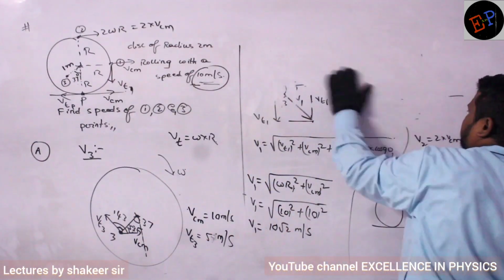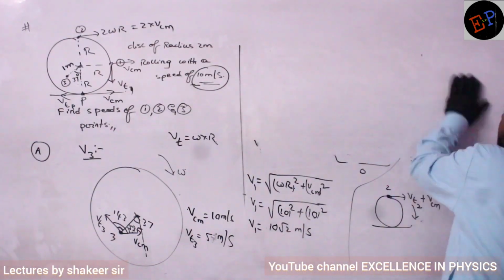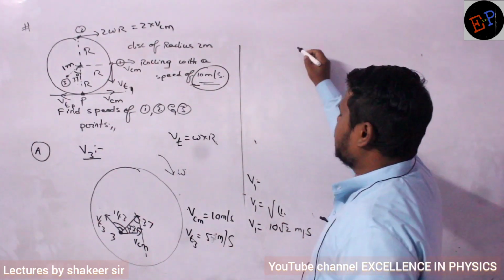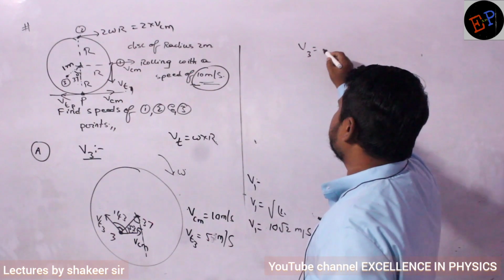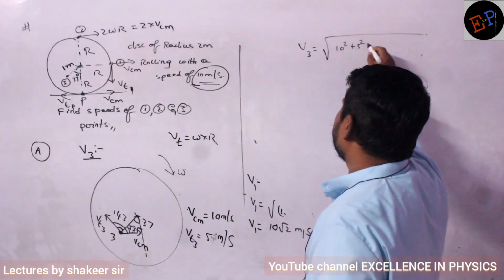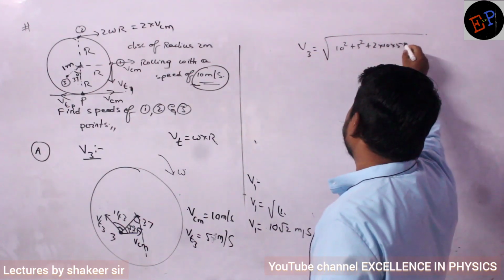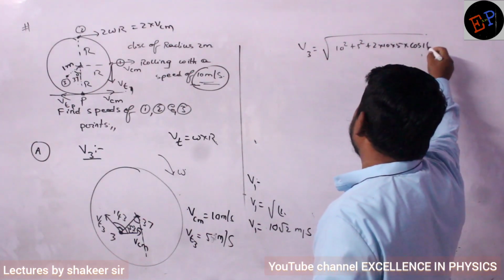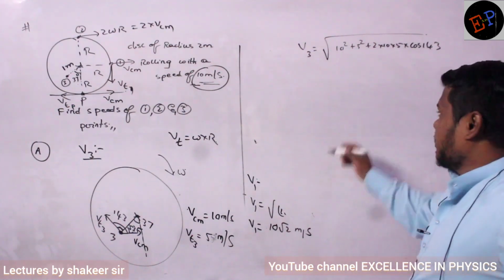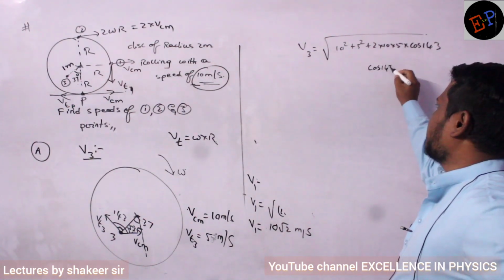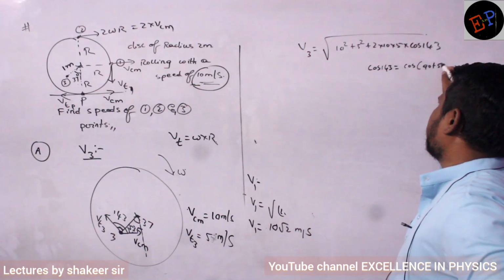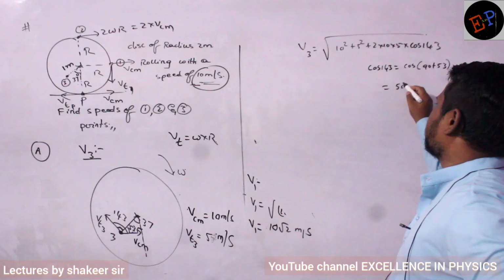So therefore, the total velocity of point number 3 is how much? It is equal to square root of 10 square plus 5 square plus 2 into 10 into 5 into cos 143. Okay, ma? So do this calculation, that is my required answer. Clear now? Cos 143 can be written as cos of 90 plus 53. It is minus sin 53.